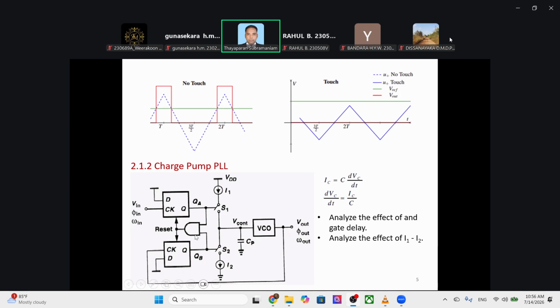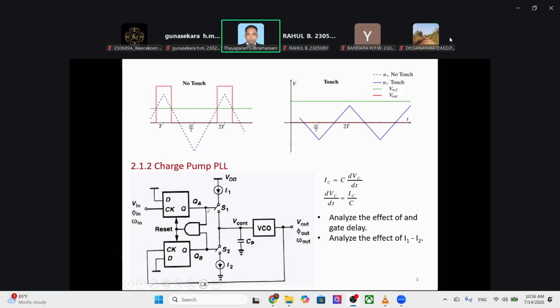The reset is issued by the AND gate, but there's some delay.